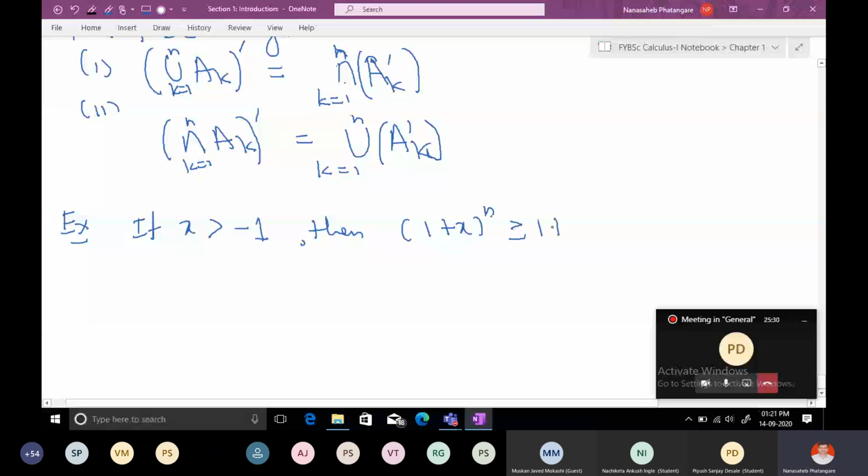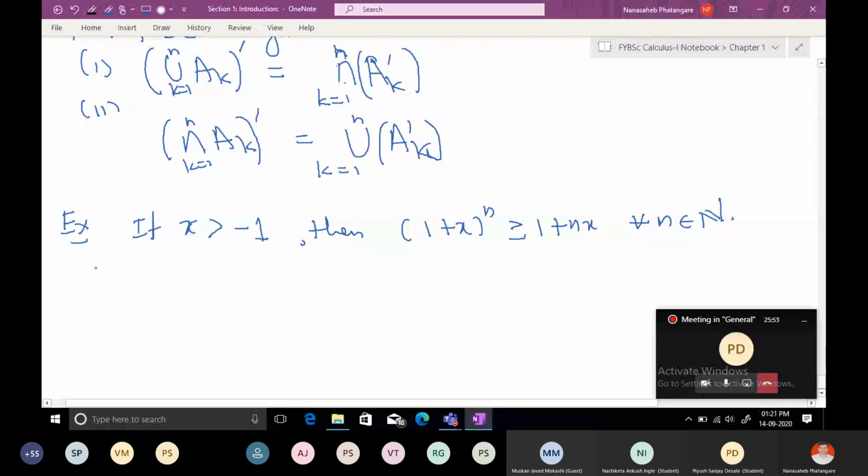So this statement we want to prove in general for every natural number. So if your real number is greater than -1, then (1 plus x) raised to n is greater than or equal to 1 plus nx. This is our statement, and so our statement Pn is this.